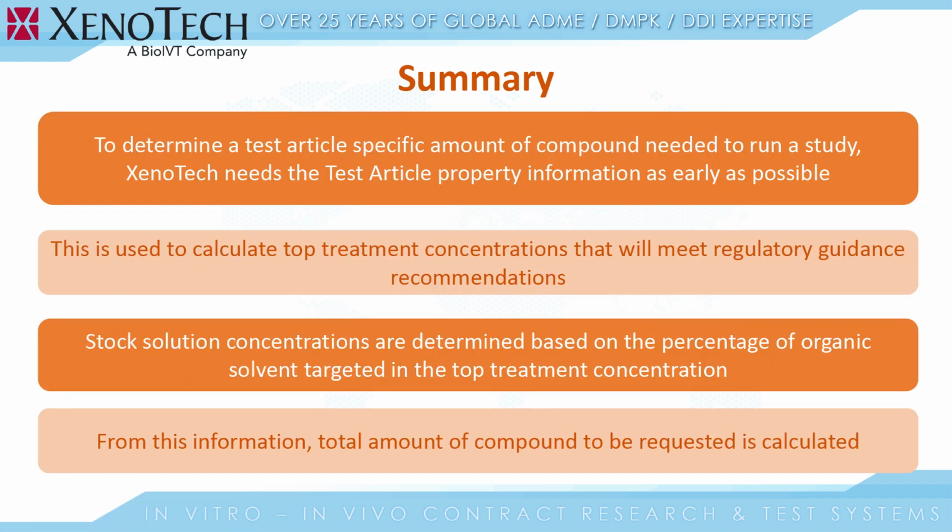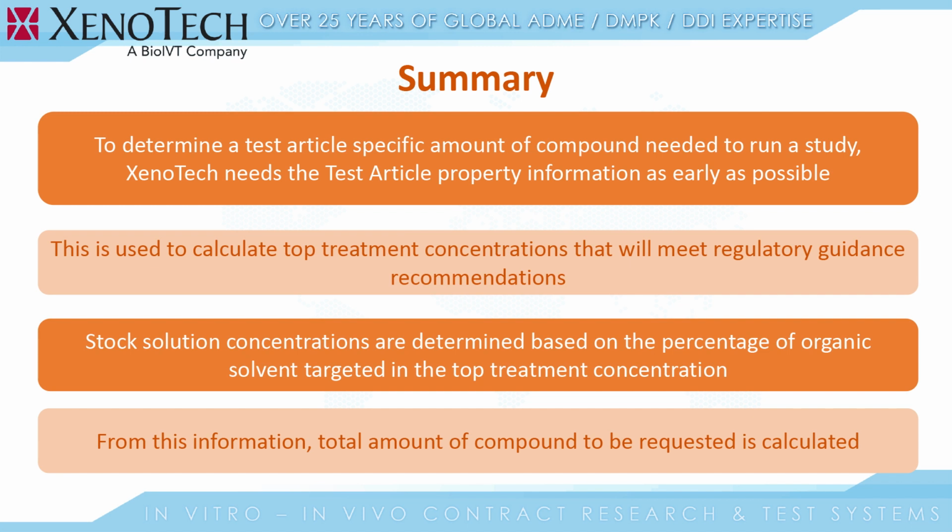So in summary, to determine the amount of test article that we need, we ask for test article property information as early as possible. Based on that information, we calculate top treatment concentrations that meet the regulatory guidance recommendations or requirements.